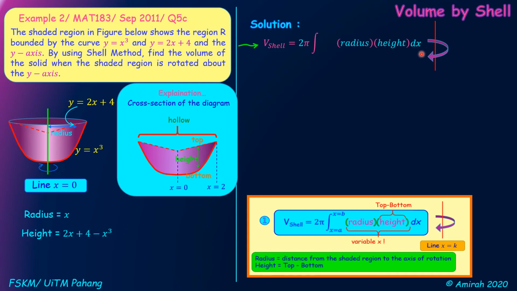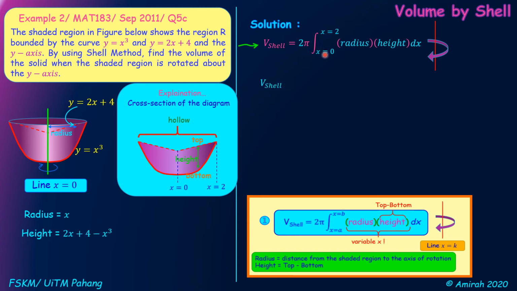And when we integrate with respect to x, we need to use the lower limit and upper limit on the x-axis. This is the original shaded region, so we integrate from the left to the right. These are the values on the x-axis.